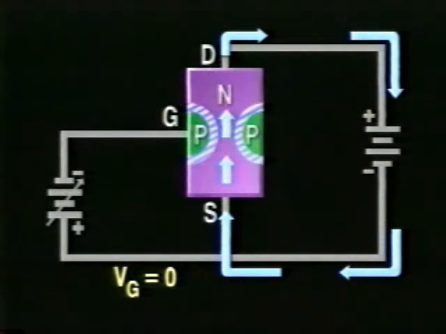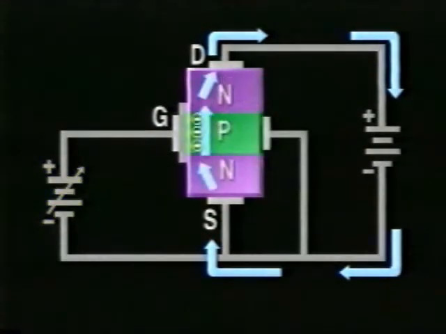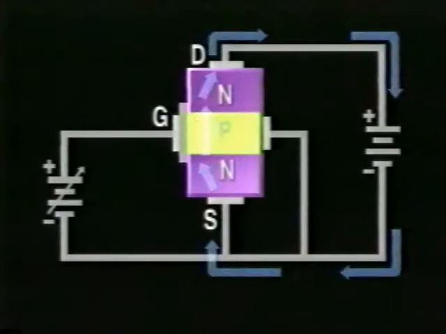Notice that while there was a current path through both the JFET and the depletion mode MOSFET even when gate voltage was 0, the gate voltage for the enhancement mode MOSFET must be high enough to create the conductive channel. That is, with 0 gate voltage, current cannot flow.